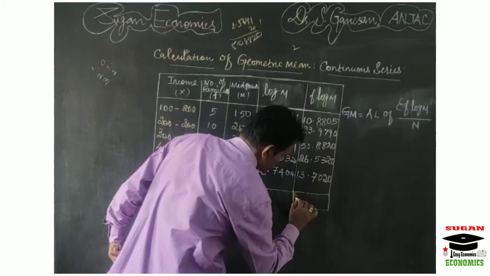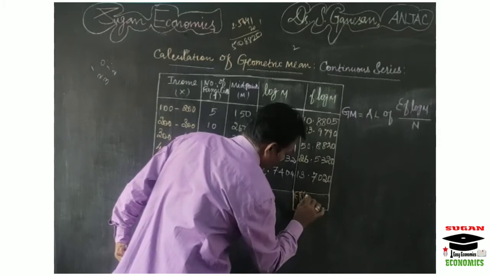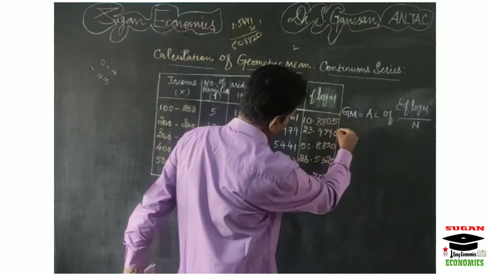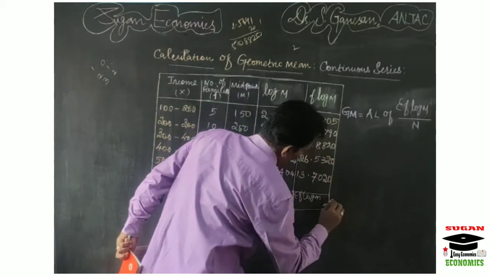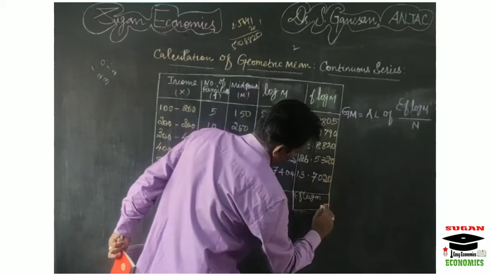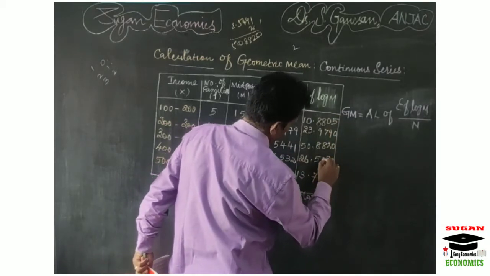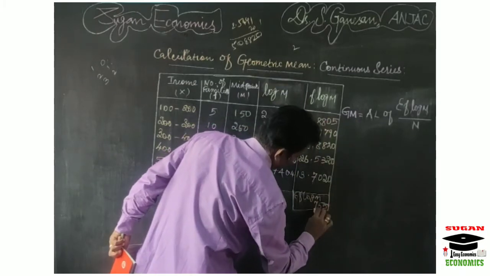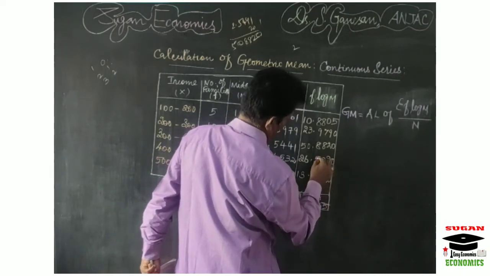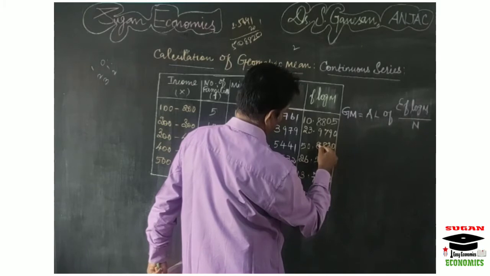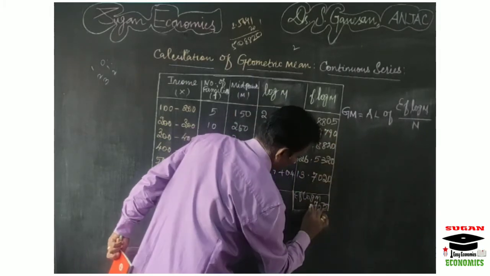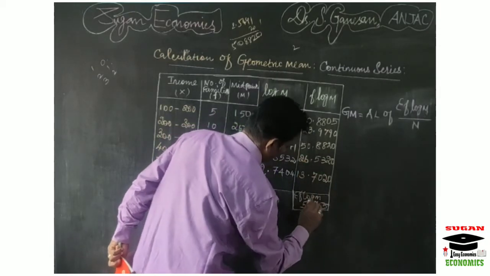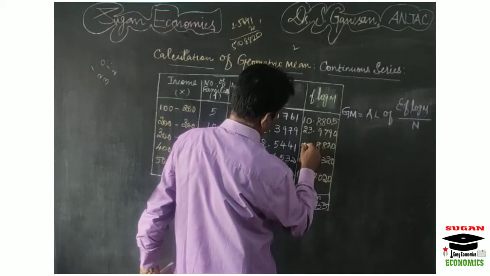So that is equal to sigma f log m. So now the value is, so simply you can add this. 5, 3, 6, 12, 15, 2, 4, 9, 12.